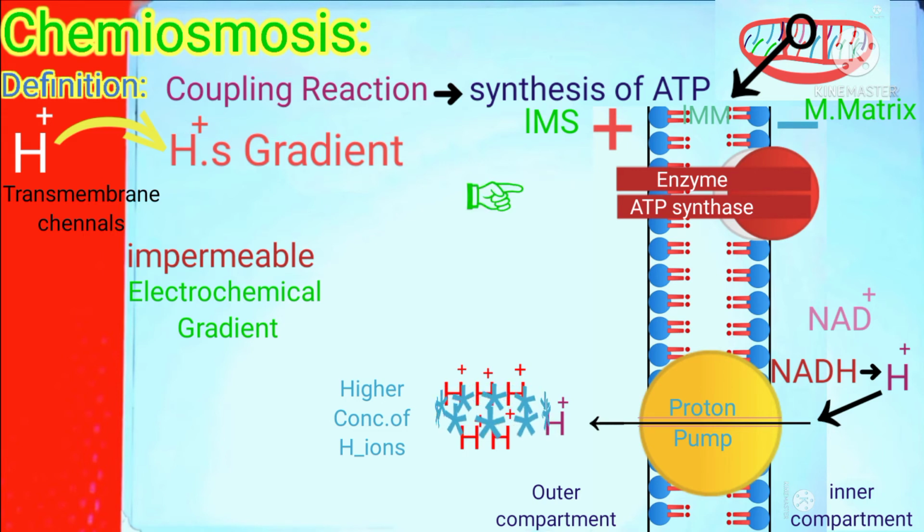At this point, when the concentration of hydrogen ions becomes greater inside the intermembrane space as compared to the mitochondrial matrix, the enzyme ATP synthase comes into function.